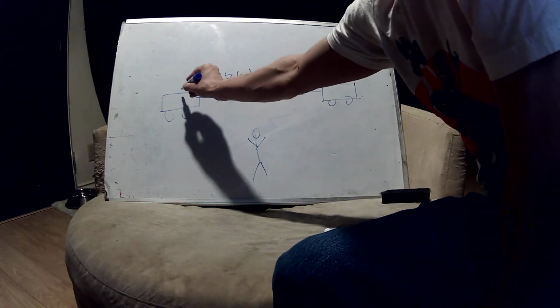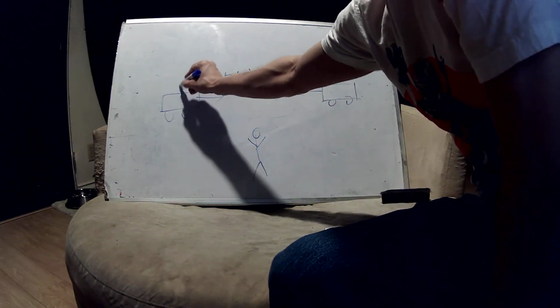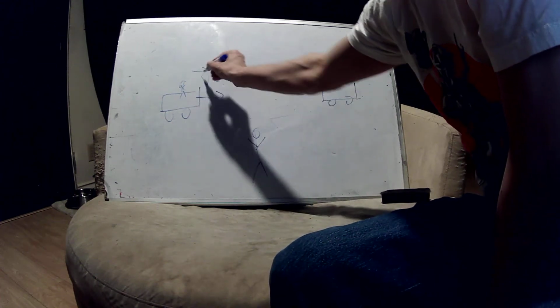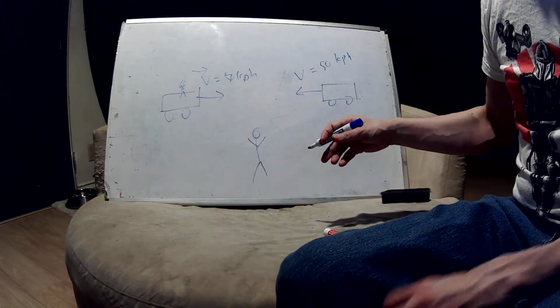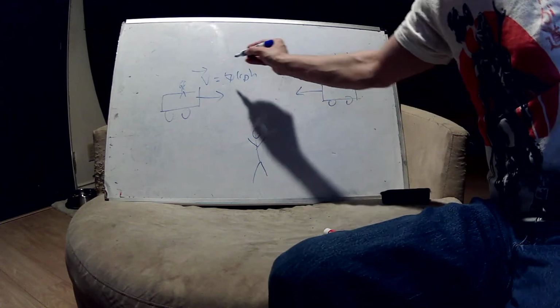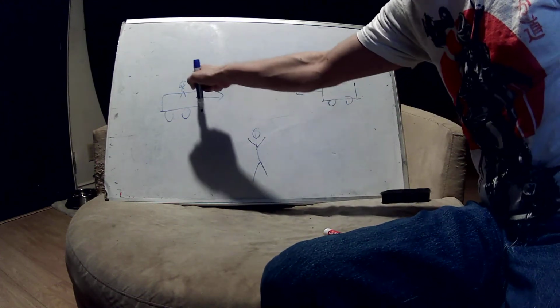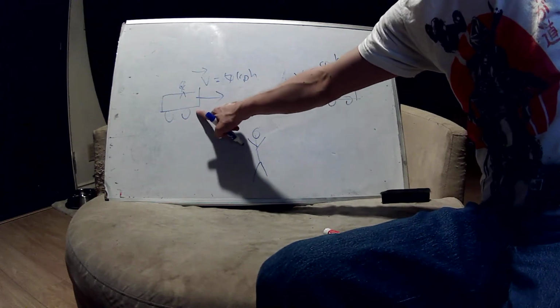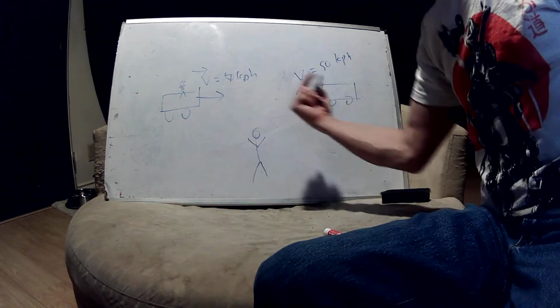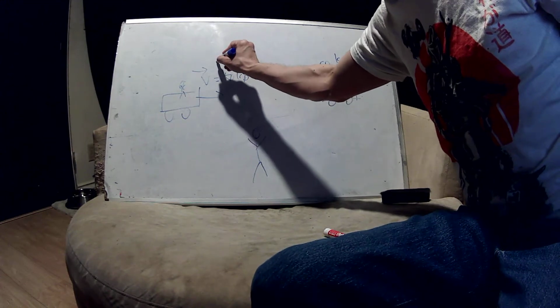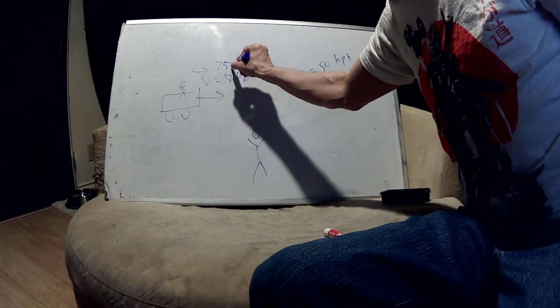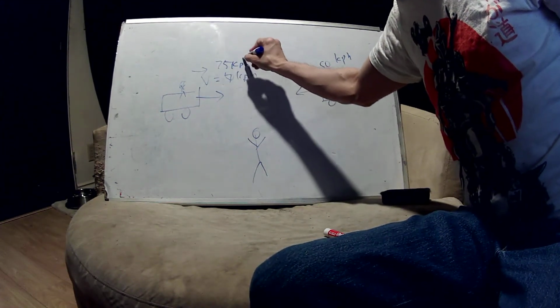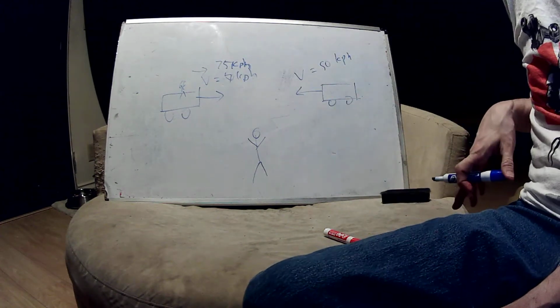And if there's some person standing out of the sunroof and they throw a soccer ball or a baseball or a football or whatever at 25 kilometers per hour relative to the car, it's going to look like the velocity relative to you is 75 kilometers per hour, right?